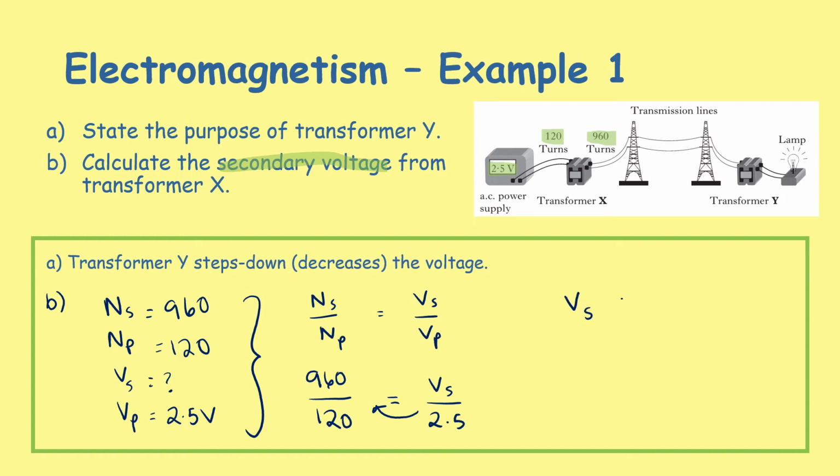So VS equals 960 over 120 times by 2.5. You could either put this all into your calculator now, or you could simplify your fraction and then pop it into your calculator. Simplifying our fraction, 960 divided by 120 is 8, so we're just doing 8 times 2.5. That gives us a final answer of 16 volts.